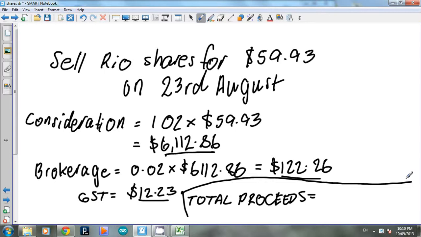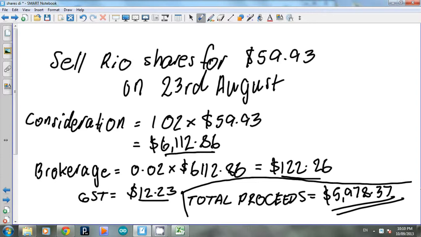So it's going to be $6,112.86. Take away $122.26. Take away $12.23, which gives me $5,978.37.